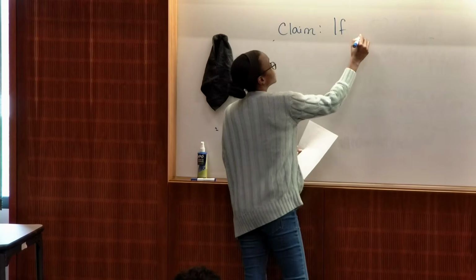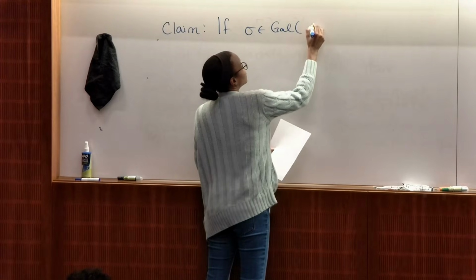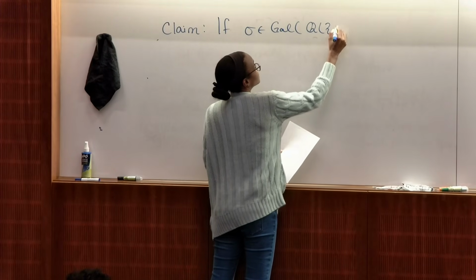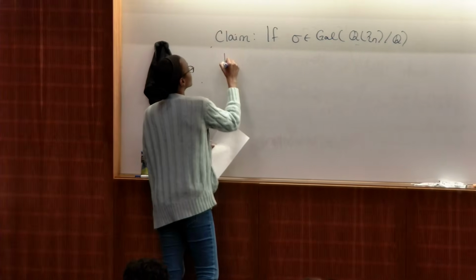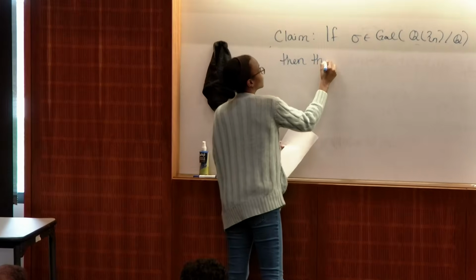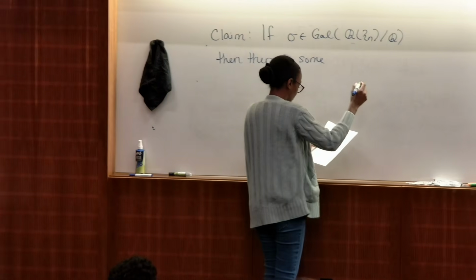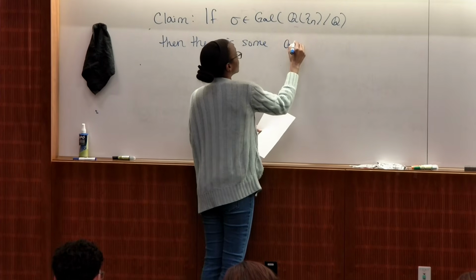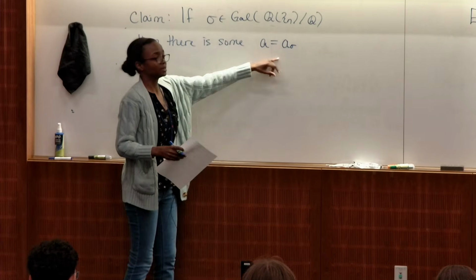So if sigma is an automorphism of the nth cyclotomic field over Q, there is some a, and I'm going to confess to stealing Keith's notation for this.